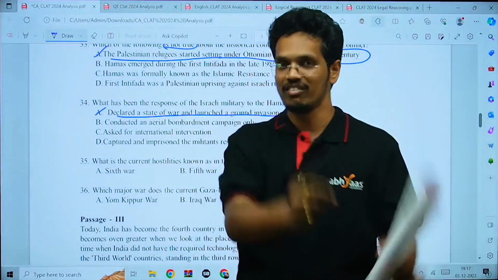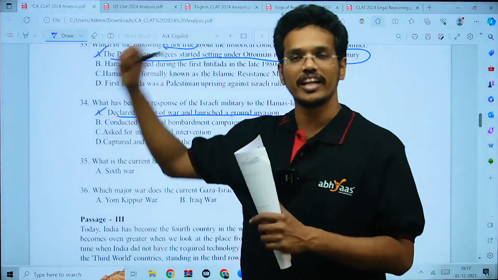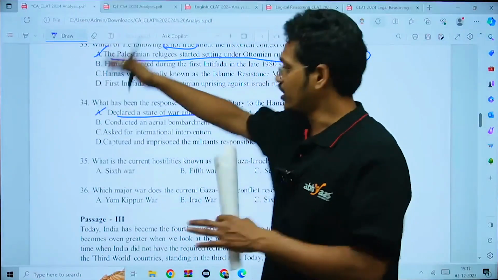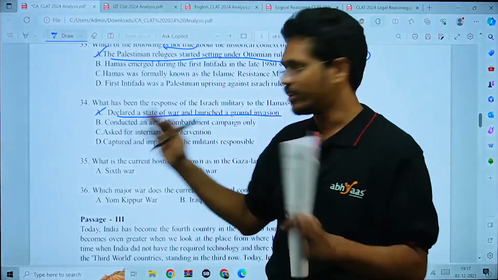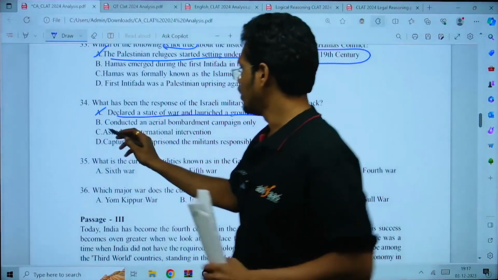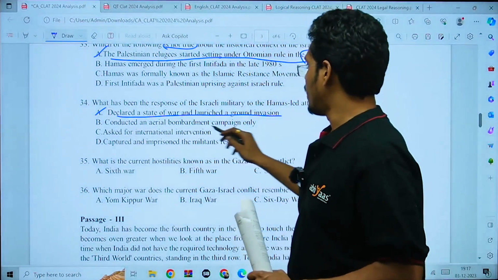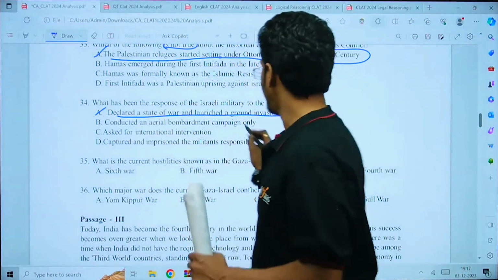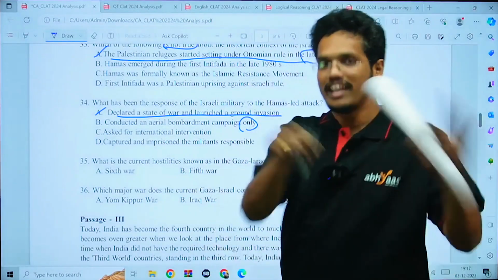We are going to an invasion. This is a direct statement taken from the news. So even if you read all these things, this is the possible answer. Let us look at the next options and why they are not true. Conducted an aerial bombardment campaign only. So did Israel conduct only aerial bombardment?